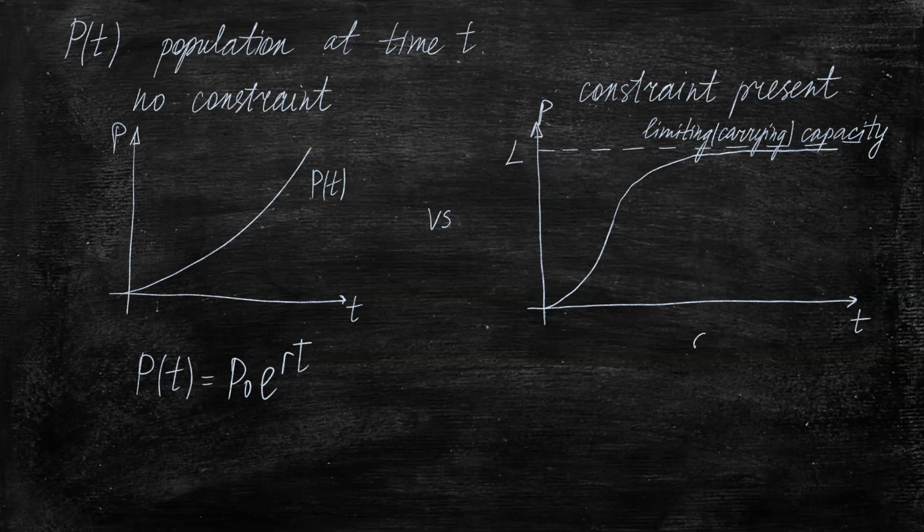So the question is, what will be a model or a function that models such behavior? And we're going to do a similar development as before. That is, we're going to first create some sort of mathematical statement in the form of a differential equation that describes the behavior of the system, and that's the first task.